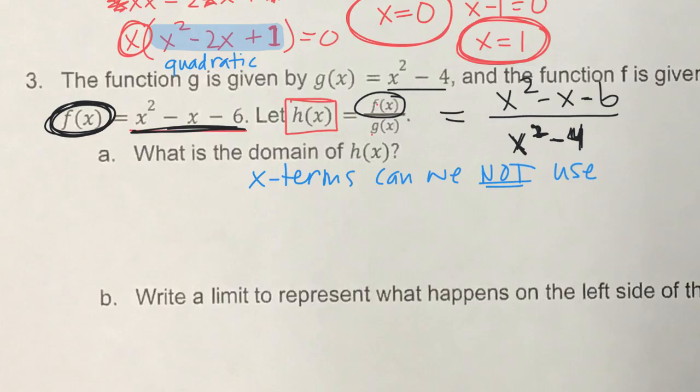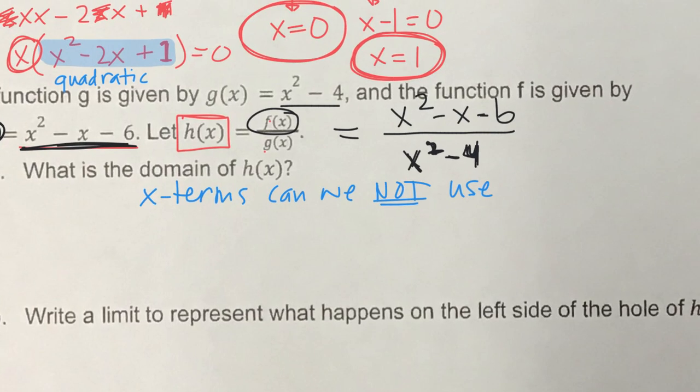I can eat anything in the world except for shellfish. Maybe you're allergic to shellfish, so you have to exclude shellfish from your diet. Well, we can't have any number that makes the denominator 0. That is something that we can't have in math. That is an undefined value. So we have to find all the numbers that make your denominator 0.